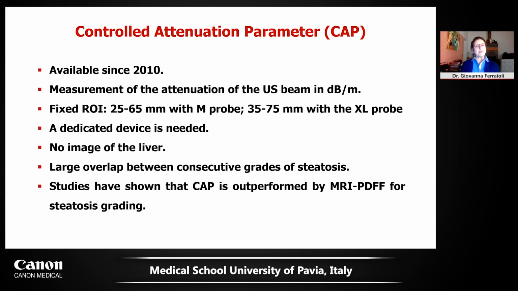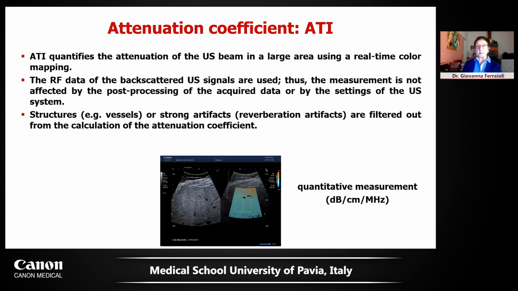A dedicated device is needed. We do not have any image of the liver. There is a large overlap between consecutive grades of liver steatosis, and studies have shown that the controlled attenuation parameter is outperformed by PDFF for the grading of liver steatosis.